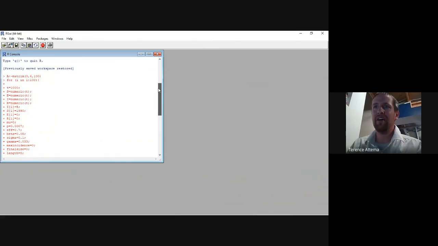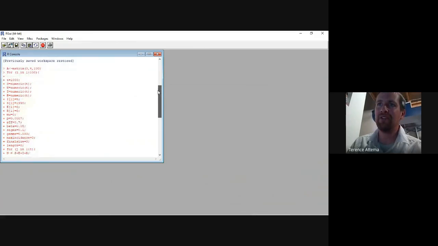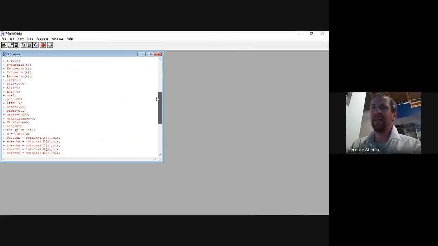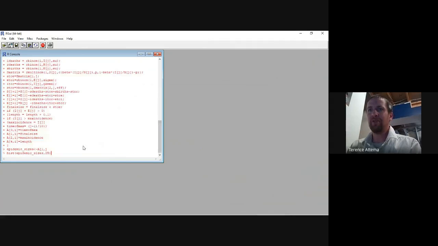In this case, I have a vaccination rate of 0.7%, so a very small vaccination rate, and vaccine efficacy of 0.7. R0 is about 1.5. It's not explicitly stated in there, but it's a formula that relates beta and gamma. So with those input parameters, let's see what it turns out.